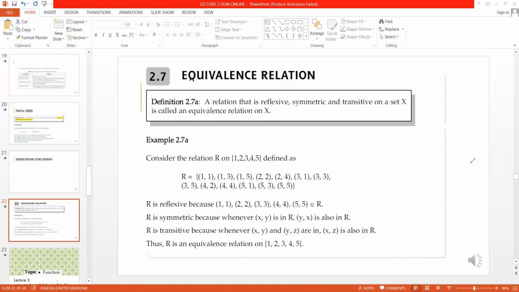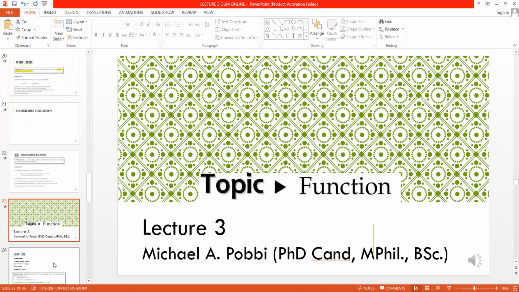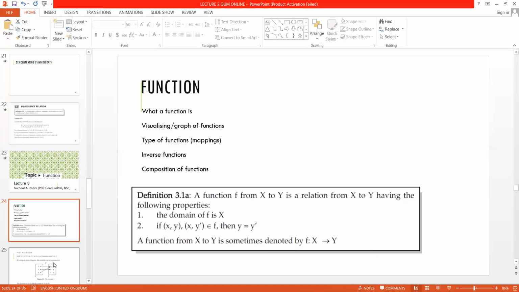So we want to move on to the concept of functions, which is topic 3. Okay, so that is the lecture notes for lecture 3. Good.